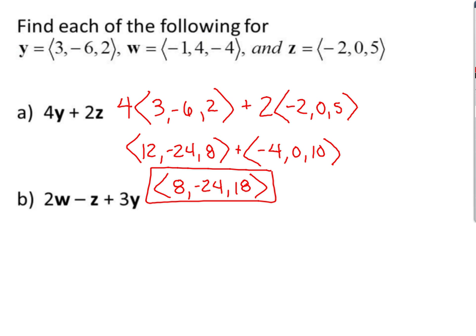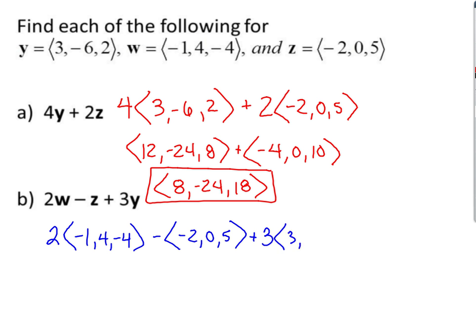If we do the same thing in the second example, we have 2 times vector w minus vector z, and then plus 3 times vector y. When we distribute, this is going to give us negative 2, 8, and negative 8. Let's go ahead and distribute that negative, so it's just addition after this.